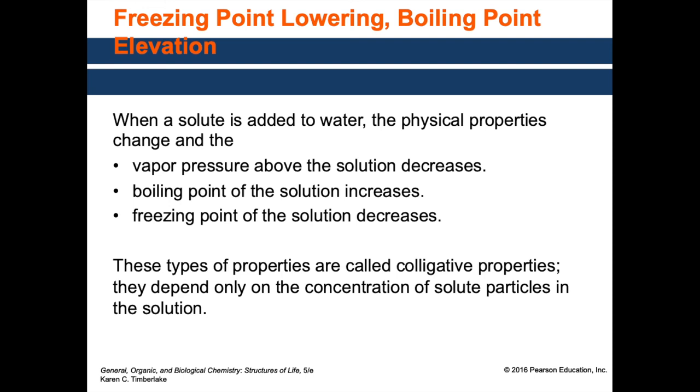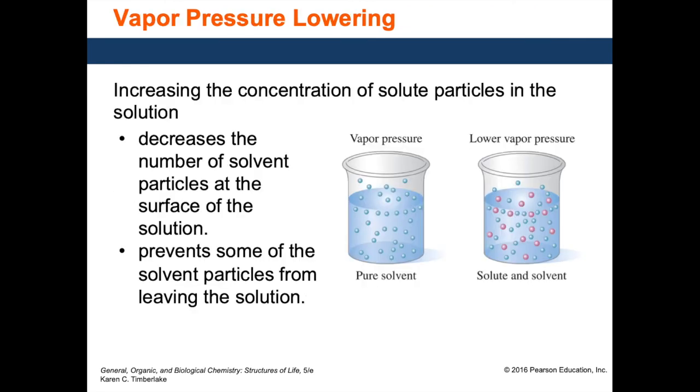Let's break down why these property changes happen in the first place. The reason for colligative properties is the interactions between solute and solvent. This changes the kinds of forces we're dealing with, rather than just a pure solvent by itself.